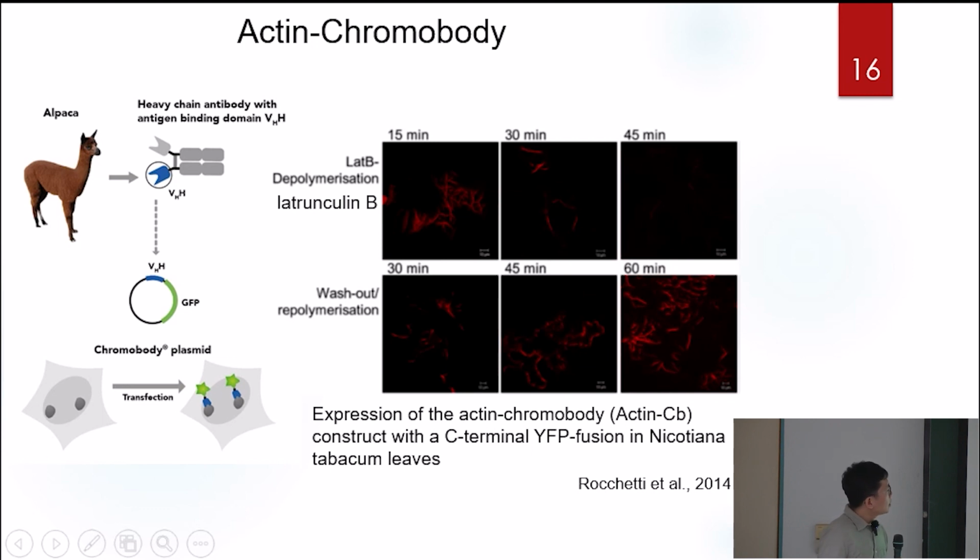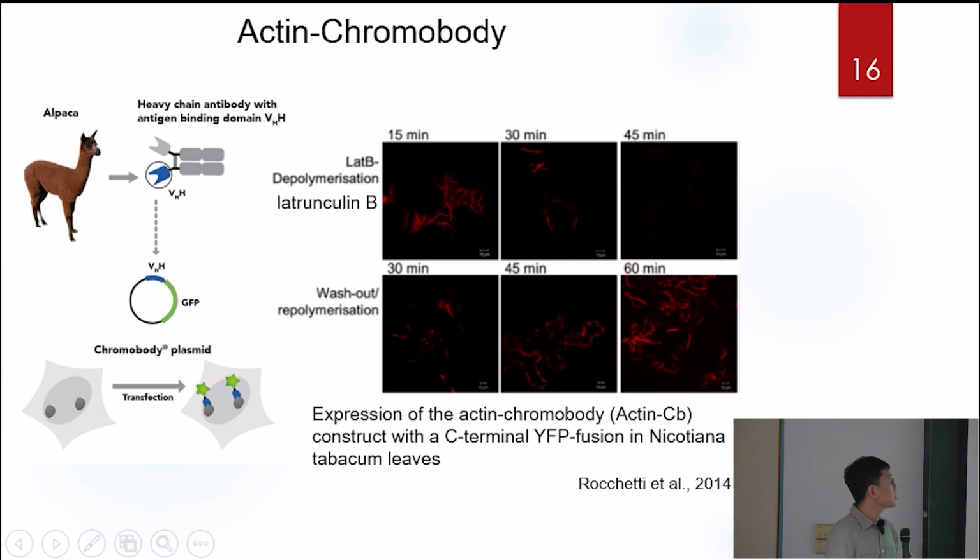They can also be applied in different cell types and in plants. So this is tobacco leaves. If you have the slice, you can see it, but it's not that clear here. If you treat the actin with latrunculin B or latrunculin A, these are drugs to dissociate the actin filament.